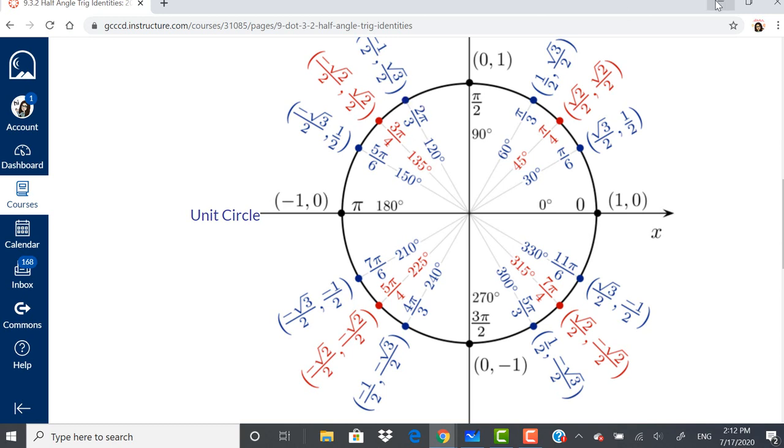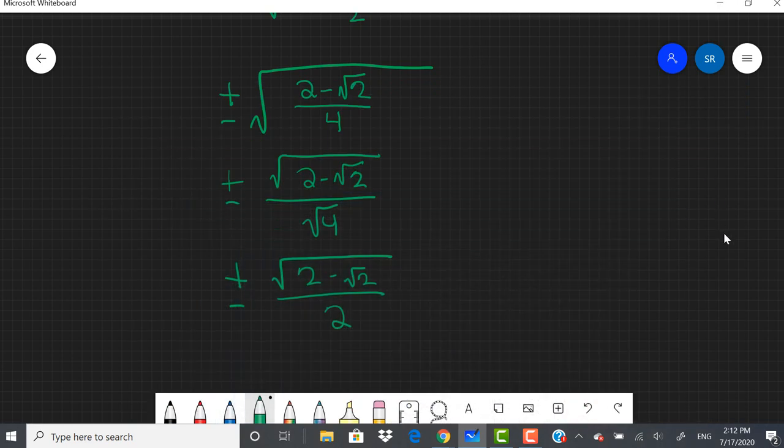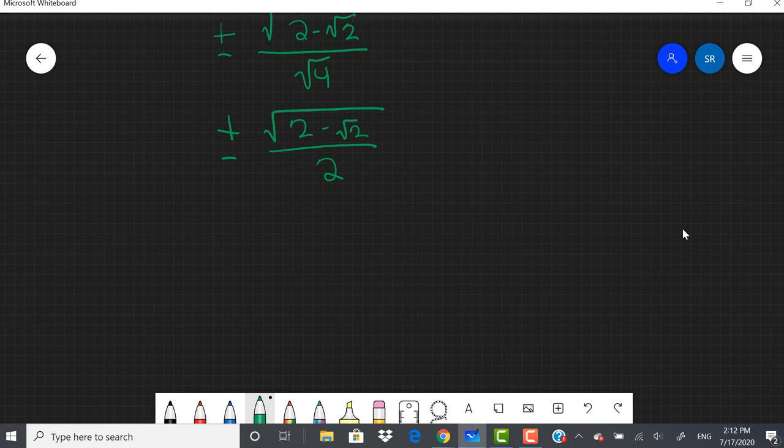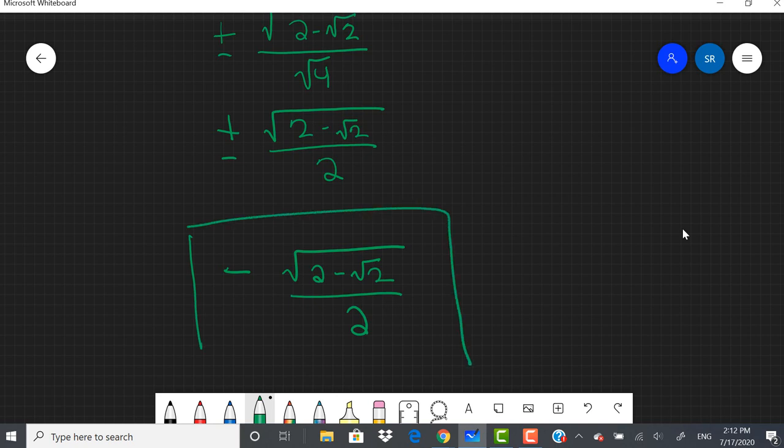In quadrant 2, if you remember, it is negative. So we don't want the plus, we want the negative. So my final answer here is negative square root of 2 minus root 2 over 2. So this right here is my final answer, and this is an exact value.